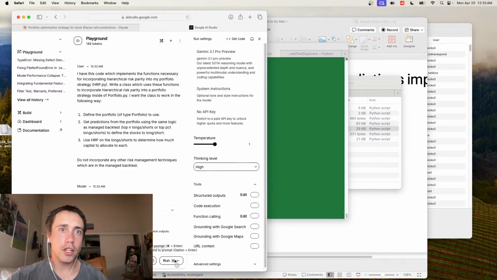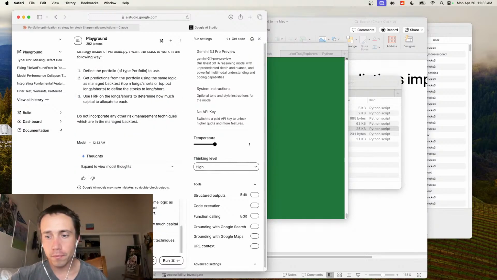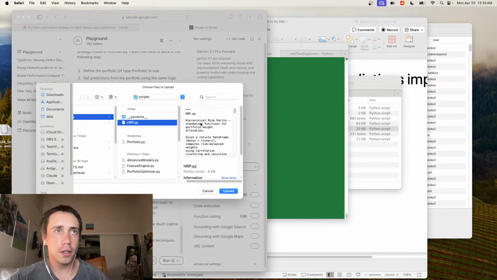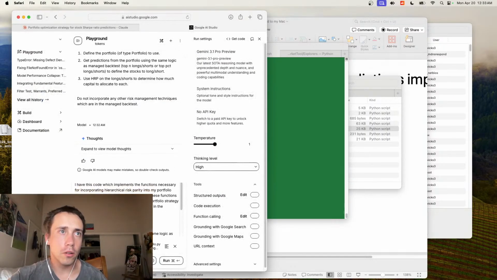Oh, shit. I gotta give it the code. A worthy effort, thank you. HRP and portfolio. Did I say I have a model? I have a model which is successful at predicting the Sharpe ratio over the next 5 days.